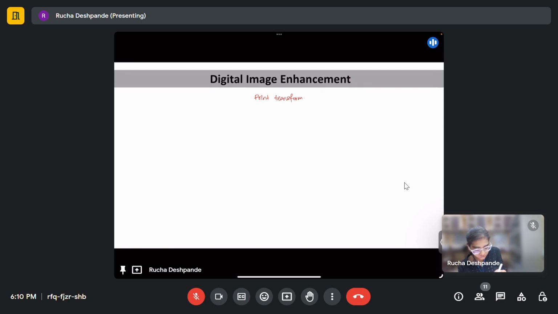Point transform can be categorized into three parts. First we have the linear point transform.